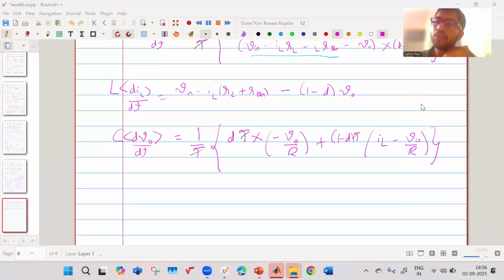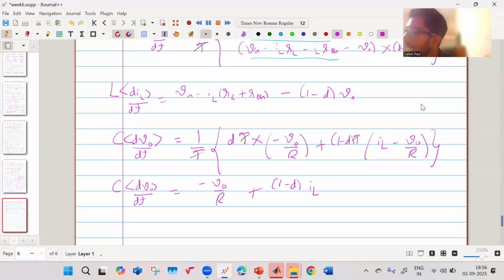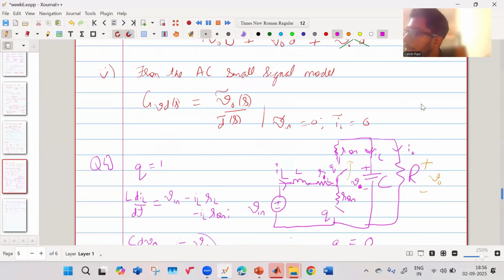Is anything common, or are all unique and different? Minus V0 by R is common. Okay. So we get C dV0 by dt is equal to minus V0 by R plus 1 minus d into IL. Right? Okay.